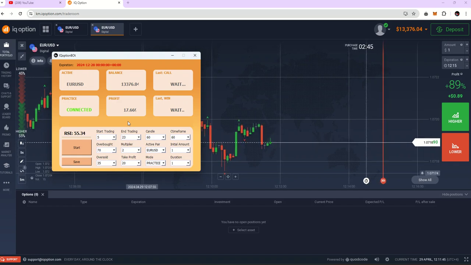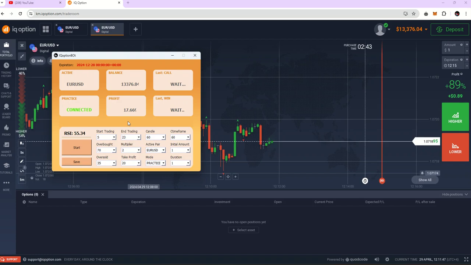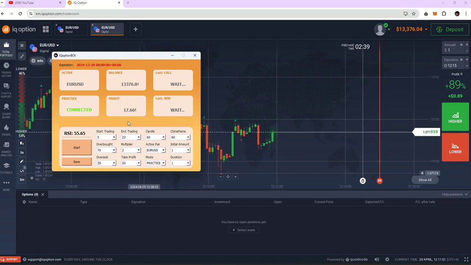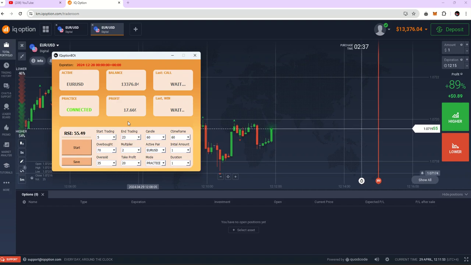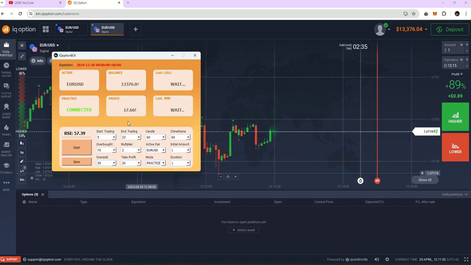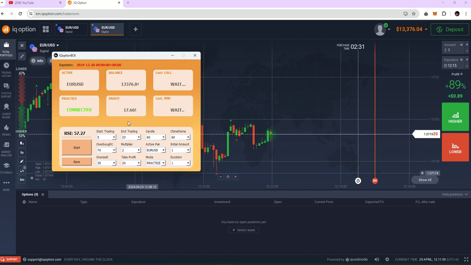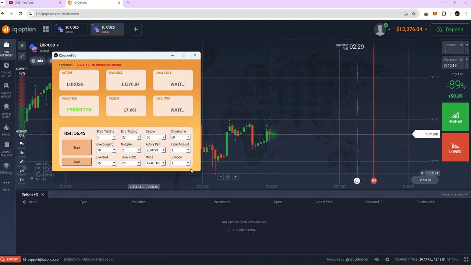Right now, we will just wait for this software to open a trade. Will it be a buy or a sell trade? By the way, this is a duration of 1 minute.